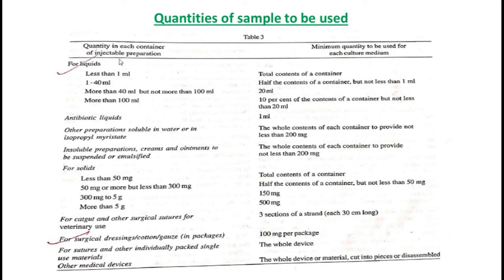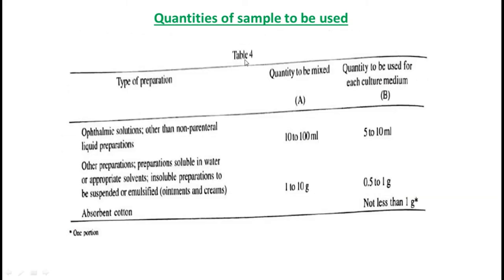So for example, for injectable preparations and liquid type products, if the product in the container is less than 1 ml, then the total content of the container is to be used for each culture medium. So if the ampules are of 1 ml, then the entire 1 ml is to be used for each culture medium for sterility testing.